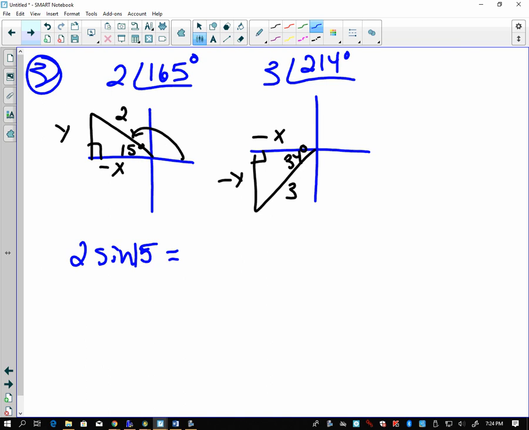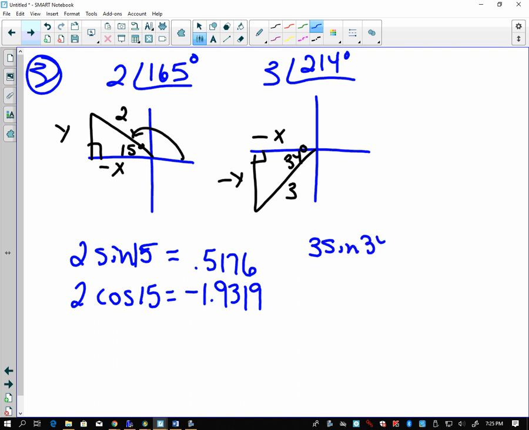And that's going to give me 0.5176. 2 cosine 15 should give me, in this case, because I need to know that my x is negative, I'm going to go ahead and put this in, negative 1.9319.